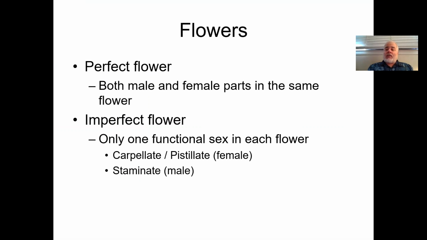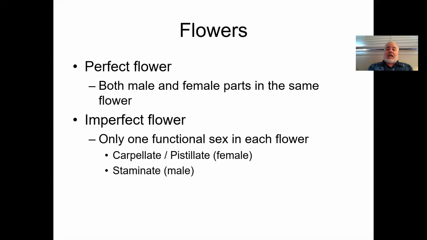So first of all, flowers. There are perfect and imperfect flowers, and there's nothing wrong with an imperfect flower. It is just incomplete from a reproductive standpoint. A perfect flower has both the male and female parts in the same flower. That's all it means.